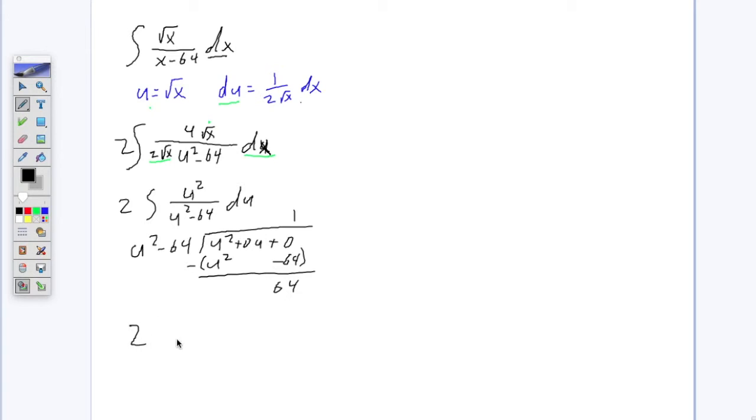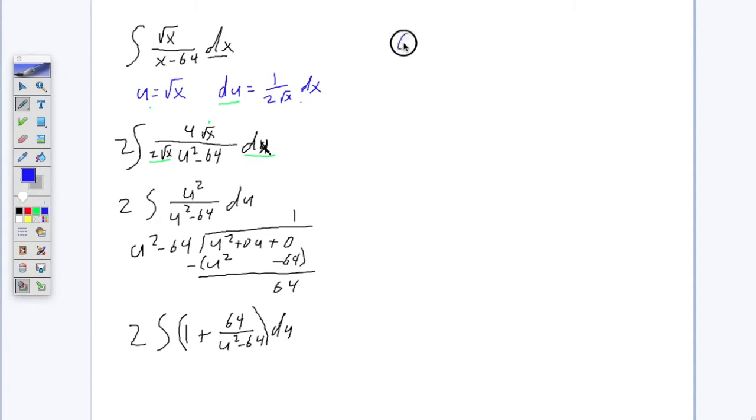So it's 2 times the integral of 1 plus 64 over u squared minus 64 du. Now this is still not the form we need because we have u squared, so we need to do partial fraction decomposition to break this up, because u squared minus 64 is u minus 8 times u plus 8.